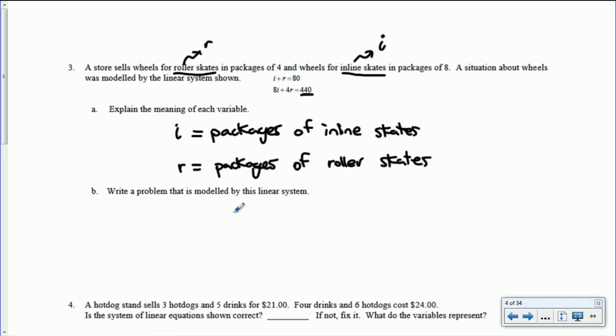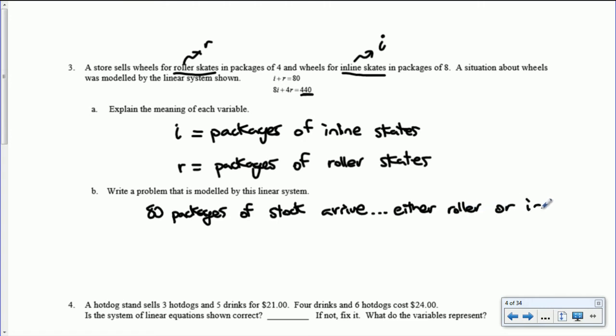So a possible question could be like, you have 80 packages of stock that arrive, in the form of either roller or inline skates.